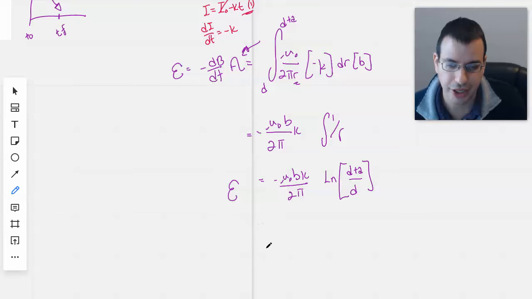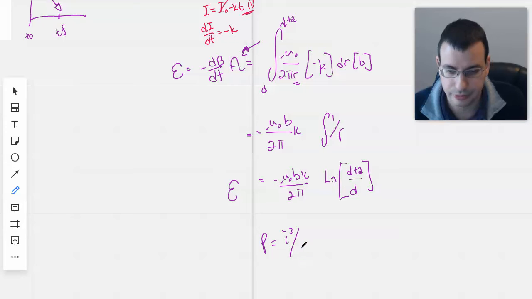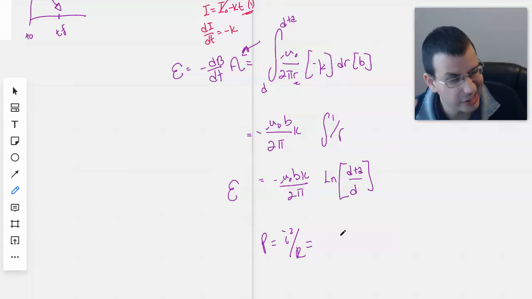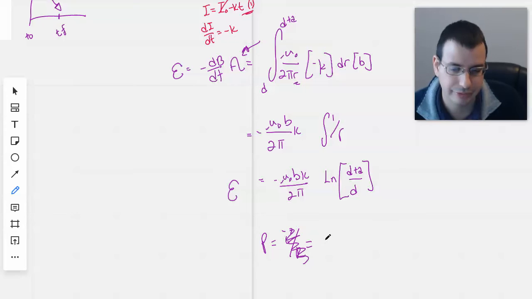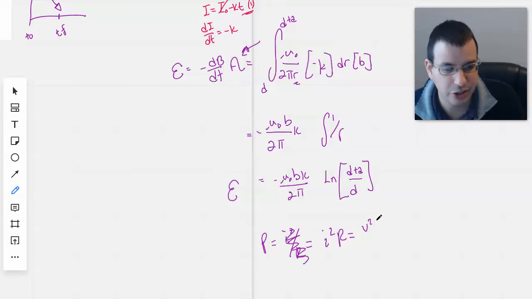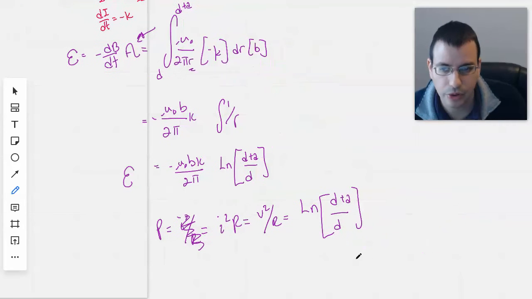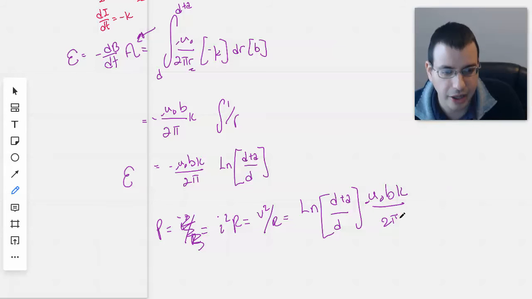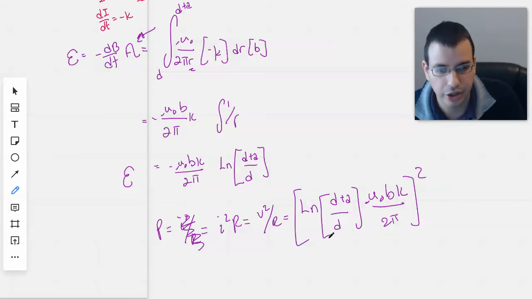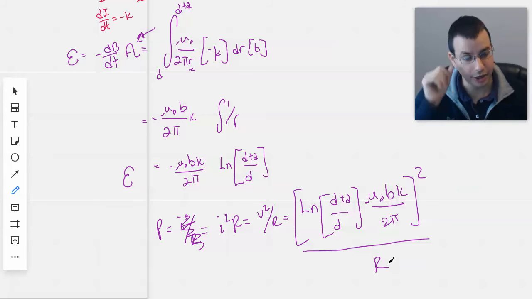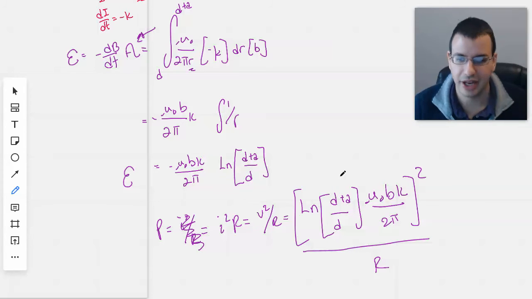Okay. So this is going to be the induced EMF, and then the power dissipated will be I squared over R. But all we have is, no, it's I squared R. I squared R, which equals V squared over R, which is natural log of (d plus a) over d times mu naught b k over 2 pi, squared, over R. And then I dropped the negative sign because we squared it, and I think it asked us for magnitude.